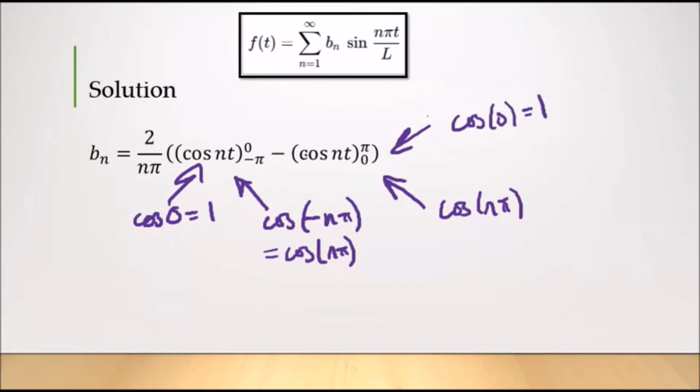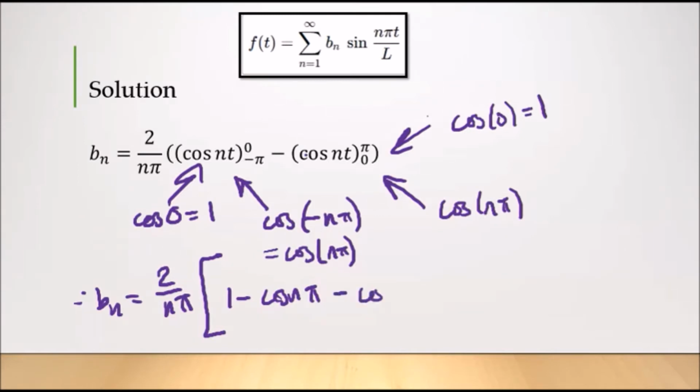So what does this mean? This means that the value of bn must now equal 2 over n pi, all inside the bracket, 1 minus cos n pi minus cos n pi.